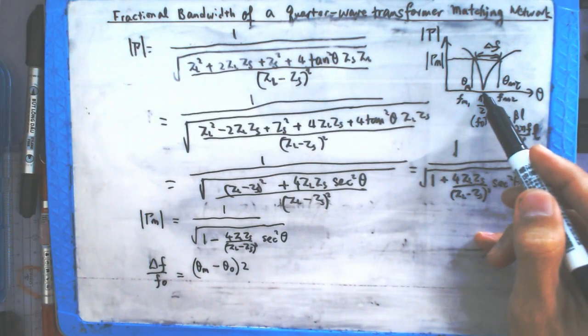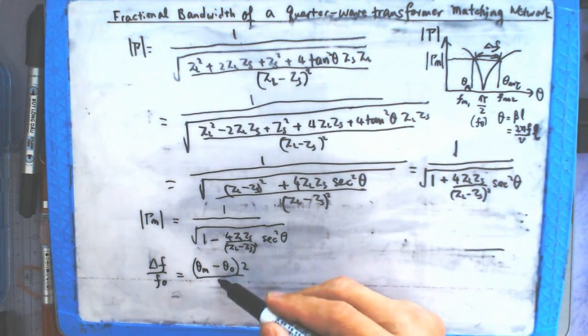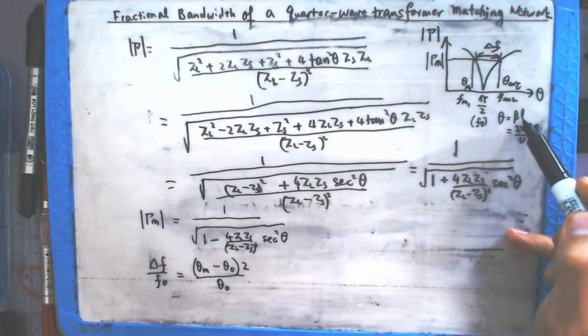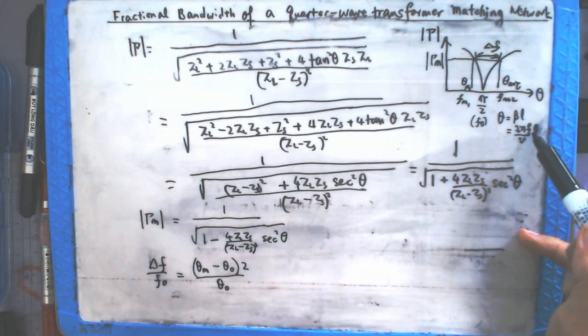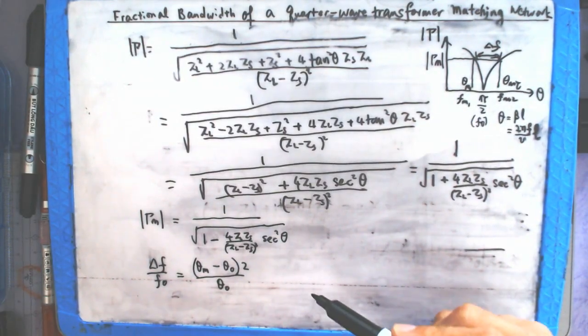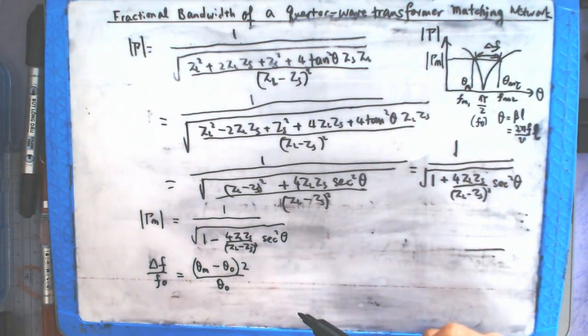And what about here? This is beta naught. Beta naught is the value of beta L that gives rise to the resonant frequency. So this is the reason why I write in this manner.